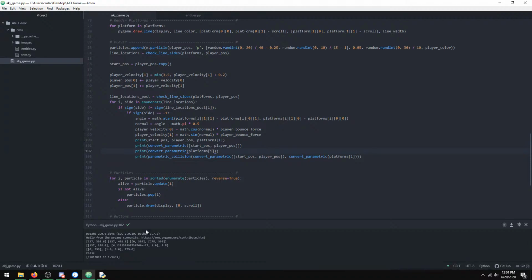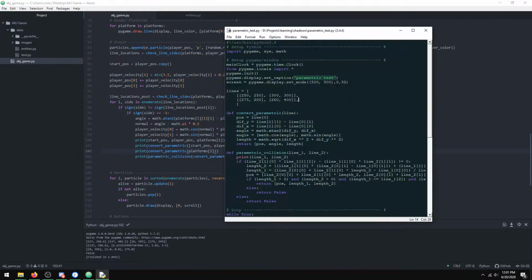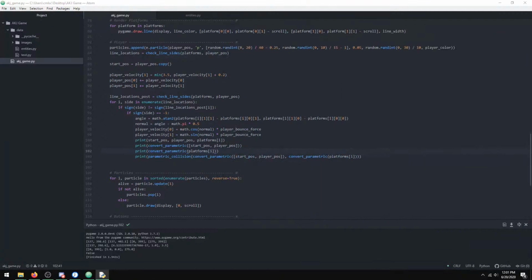Time to put the lines into here. So we've got this line, and this line.